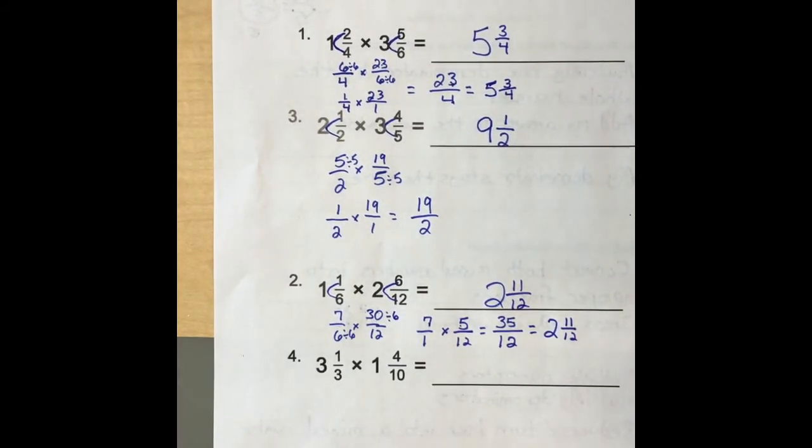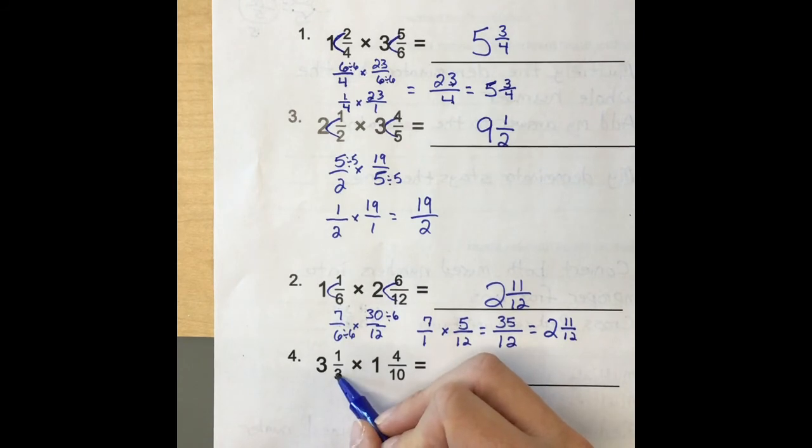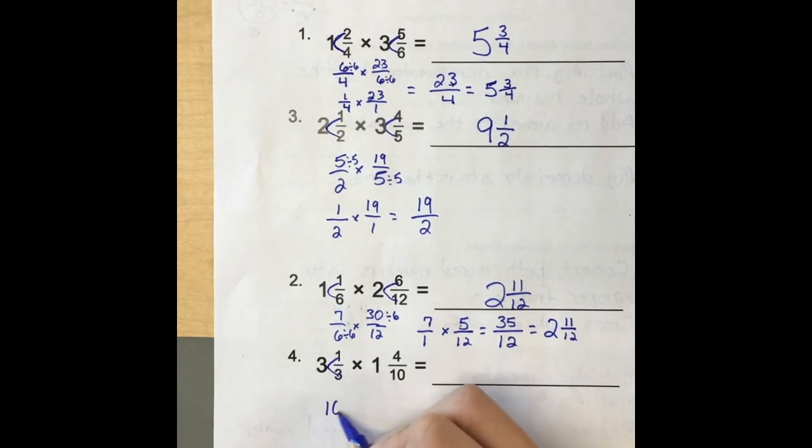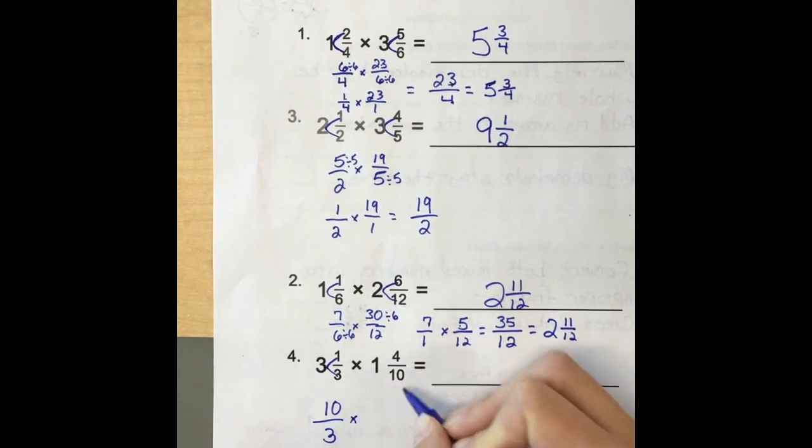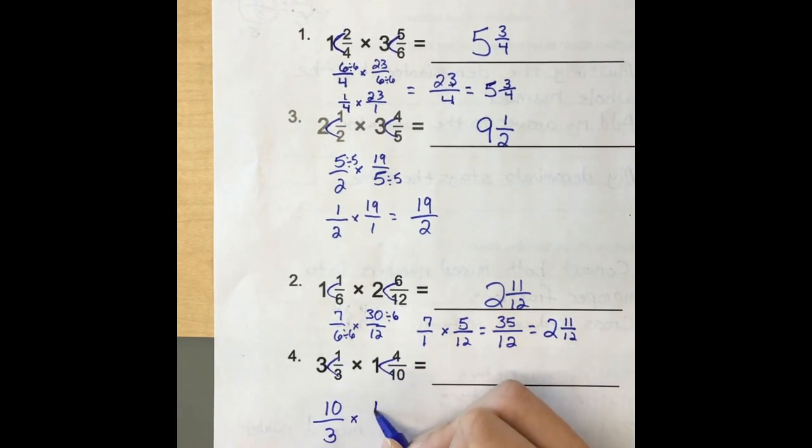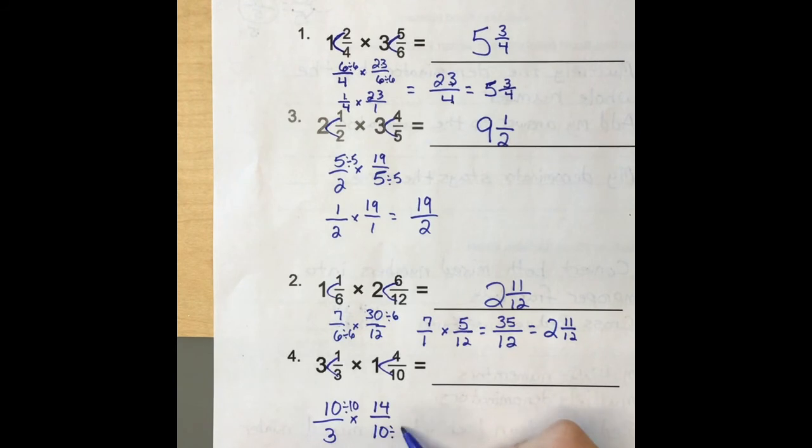All right, the last one here. You have 3 times 3 plus 1 gives you 10 over 3. 10 times 1 plus 4 gives you 14 over 10. Okay, and then you look across. This one again, 10 and 10. So divide by 10 on both.